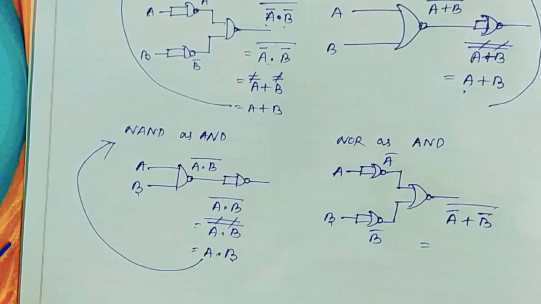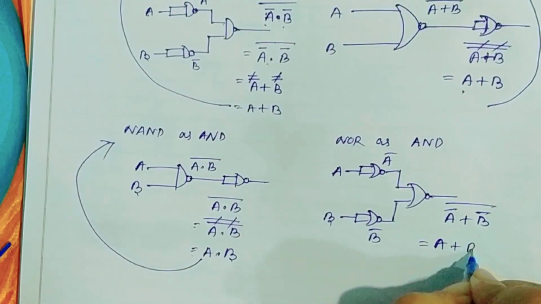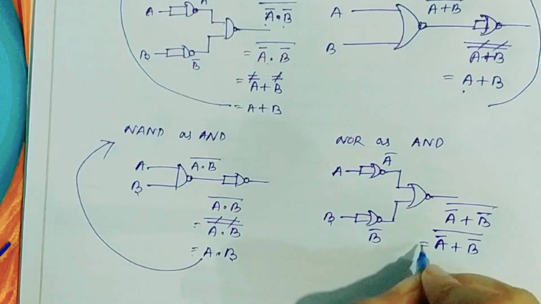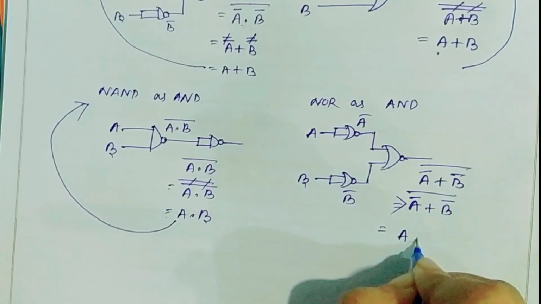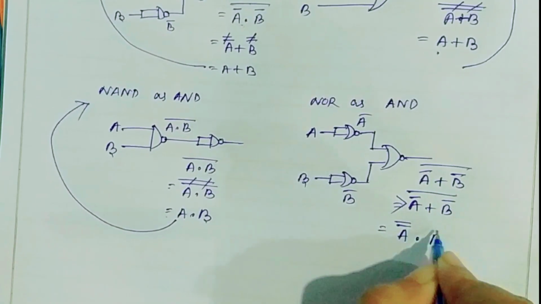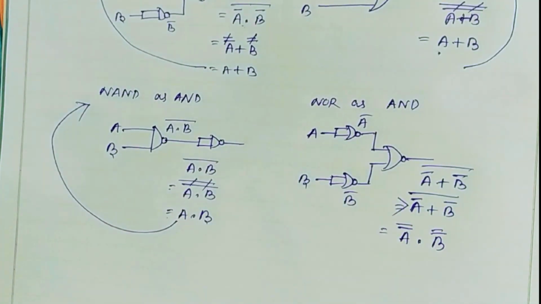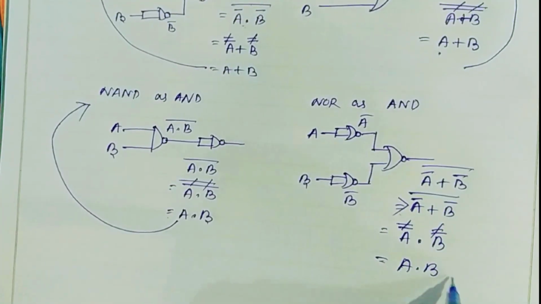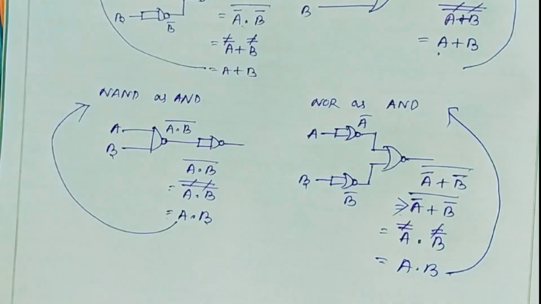So just apply Boolean law here and you will get A and B bar bar, and the two bars will cancel each other out. So we will get A and B, which is the proof of NOR as AND.